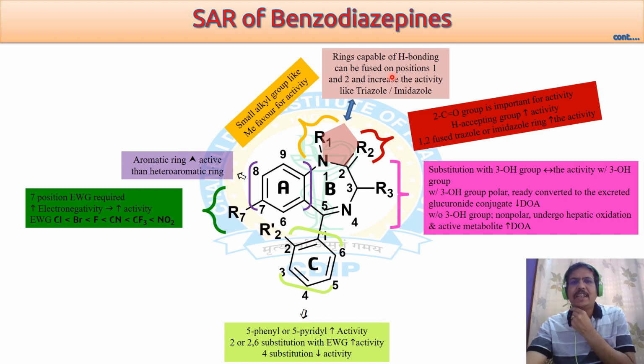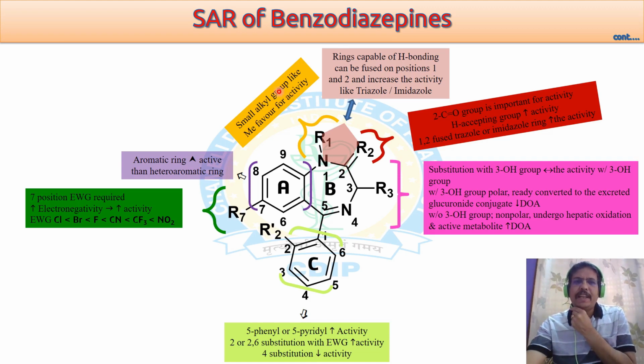Generally, the triazole or imidazole ring is favored for the substitutions because they have the capability to form a hydrogen bond with the carbonyl present on the C2 position.